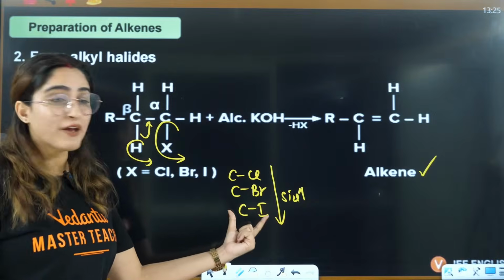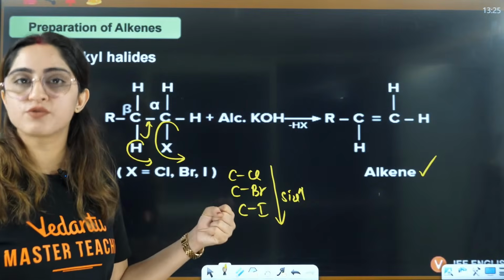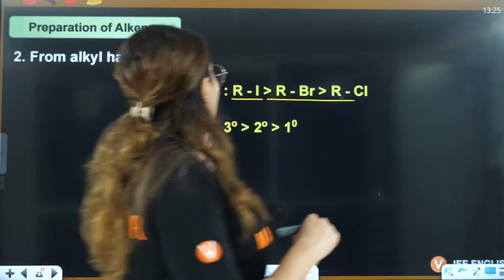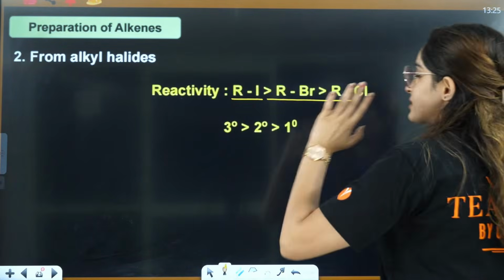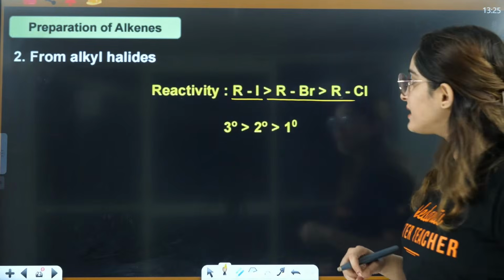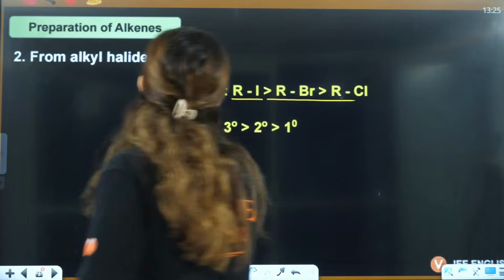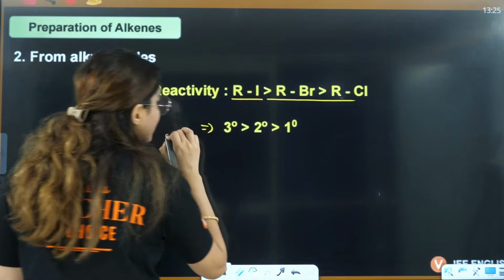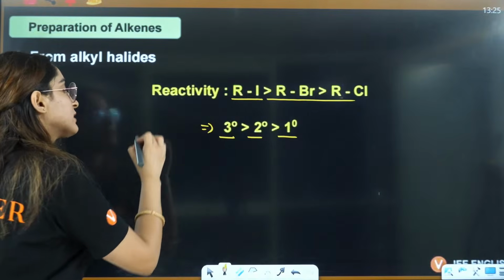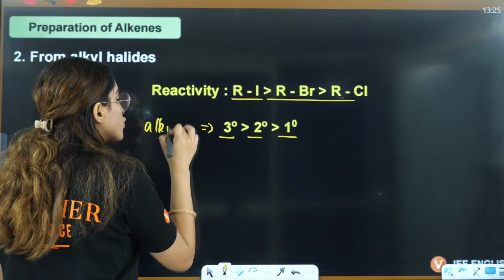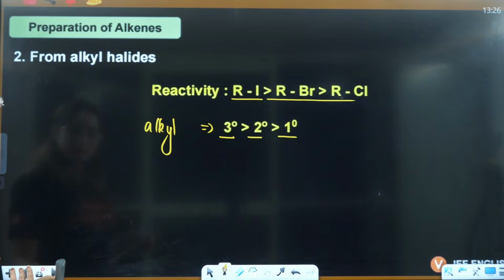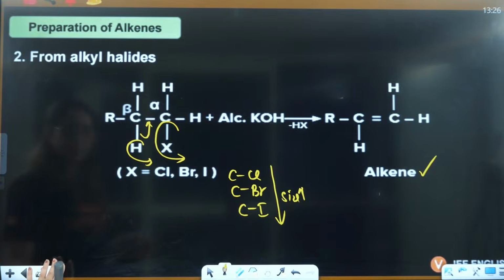So the reactivity order for alkyl halides is RI, then RBr, then RCl. And if I talk about the alkyl part, then 3 degree, then 2 degree, then 1 degree is the reactivity order; 3 degree will be more reactive as compared to 2 degree and 1 degree.